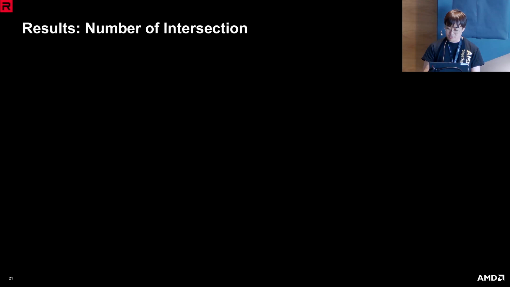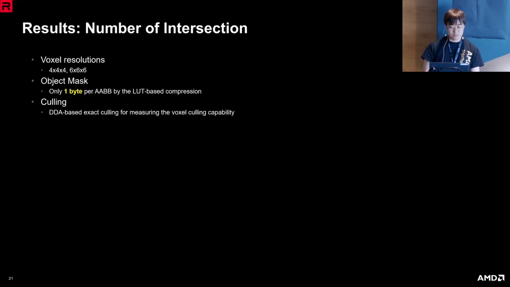There are several variations of measurements in the paper, but here, let me focus on one configuration to avoid complexity, where box cell resolutions are 4x4x4 or 6x6x6. For object mask, we use only 1 byte per BVH node by the LUT-based compression. And for culling, we use DDA-based exact culling for measuring the box cell culling capability.